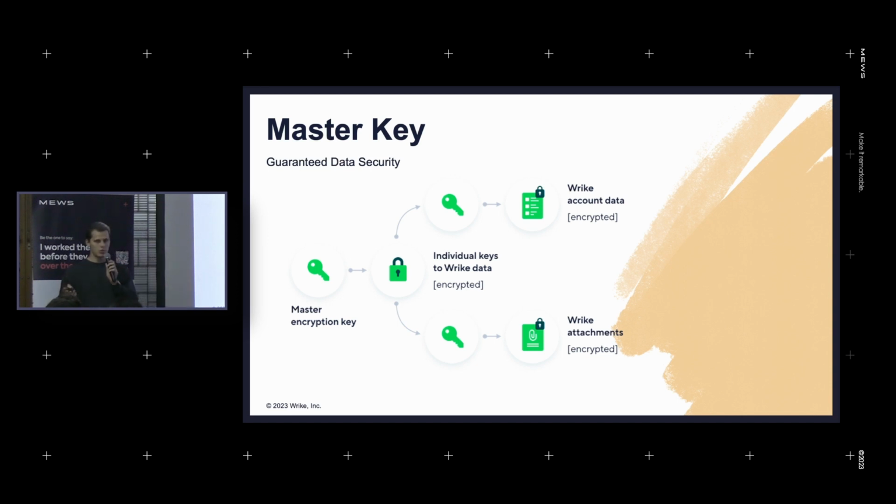We just send the request, and AWS KMS provides us with a decrypted account key. So the customer is in charge of the data encryption in the account. The customer can revoke the access to decrypt the account key, rendering the data inaccessible not only to him, but also to us. That's what Wrike Lock is about.